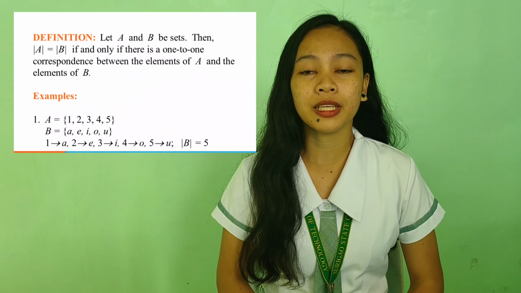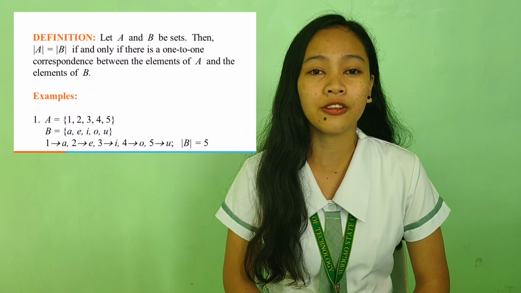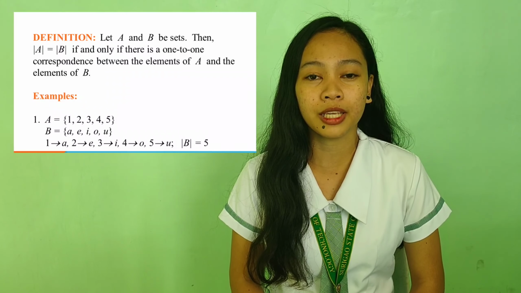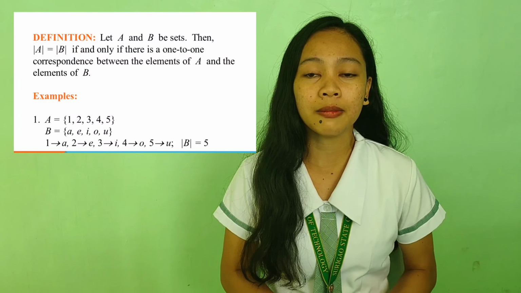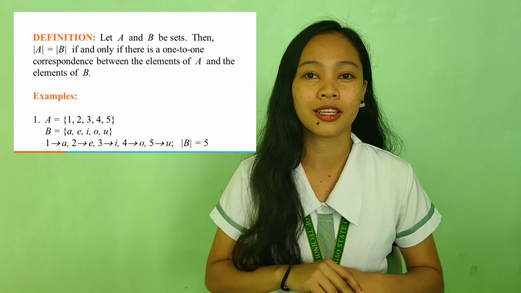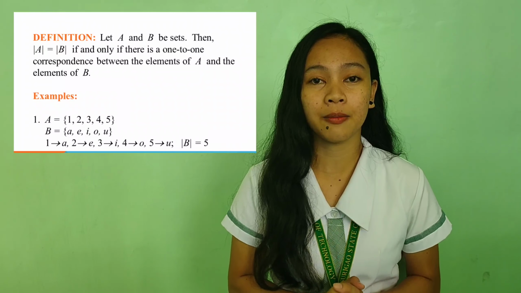Let A and B be sets. Then the cardinality of A is equal to the cardinality of B if and only if there is a 1-to-1 correspondence between the elements of A and the elements of B. We have here an example.